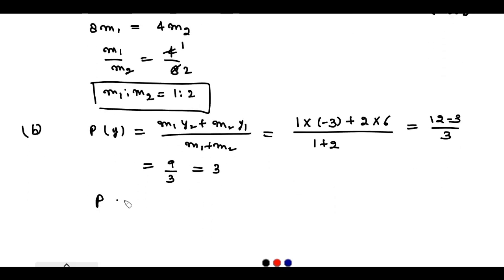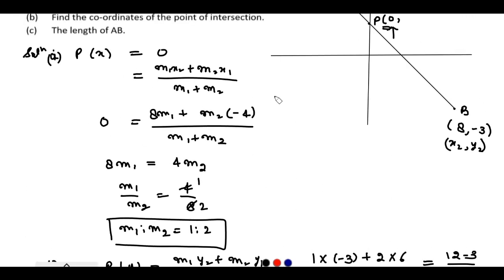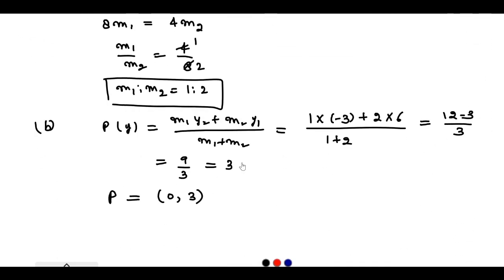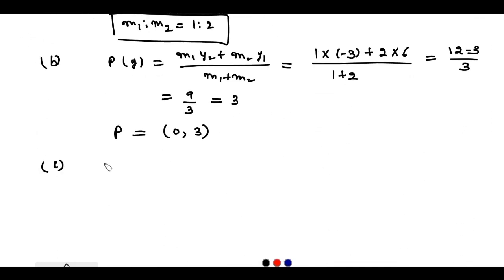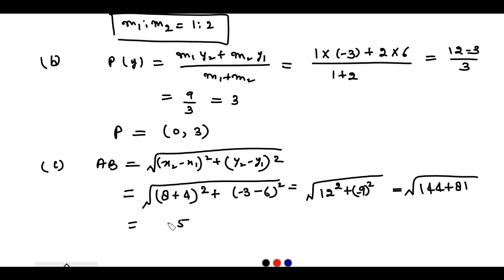So the coordinates of P, point of intersection, are 0, 3. In third part, we have to find length of AB. For this, we are using the distance formula, that is under root x2 minus x1 whole square plus y2 minus y1 whole square. The length is 15 units.